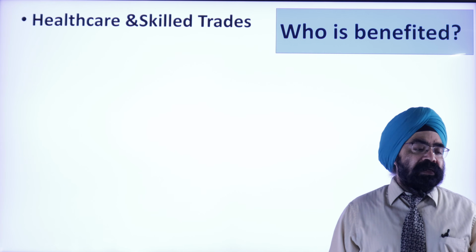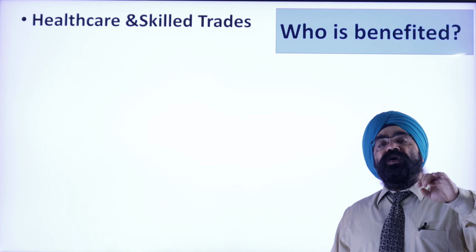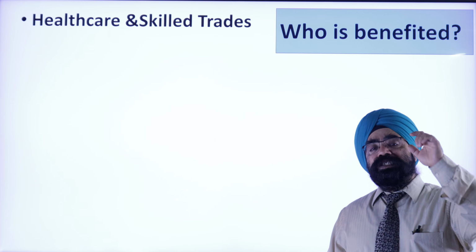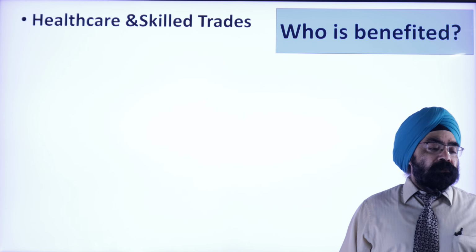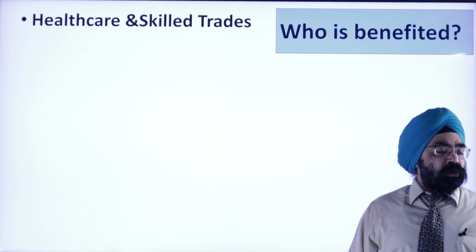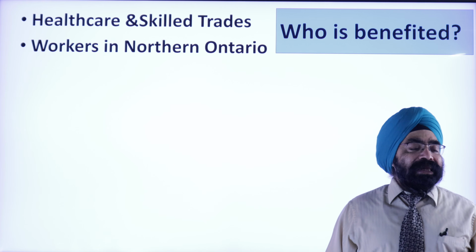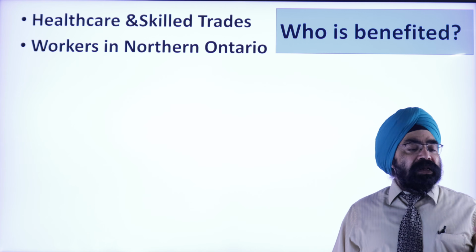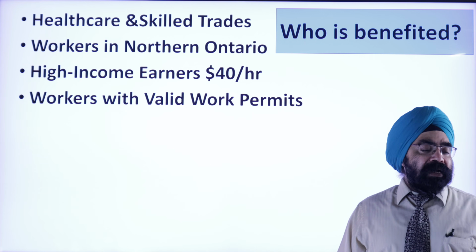Now, who is getting benefit? Healthcare and trade are the two sectors getting maximum benefit. Anyone with a NOC code starting with 3 or 7 has huge benefit. Workers in Northern Ontario, I have already told you, unfair advantage. High income, a salary of $40 an hour, advantage. A valid work permit, advantage.